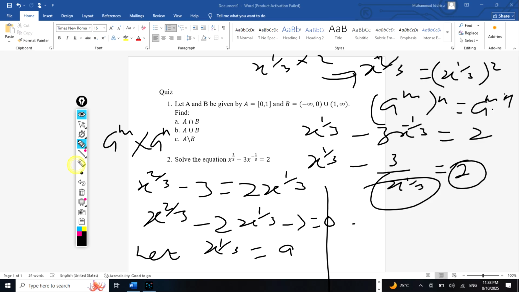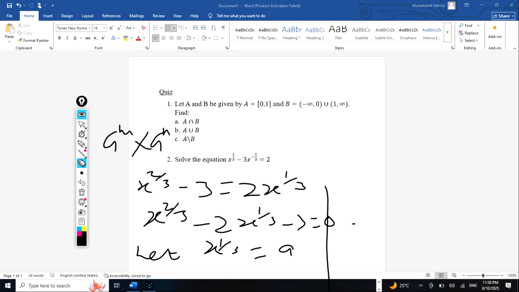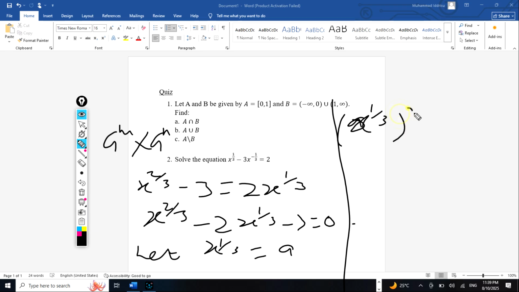So at this point, we can easily solve our problem. So now we have, since this is the same as x to the power 1 on 3 squared minus 2 multiplying x to the power 1 on 3 minus 3 is equal to 0.